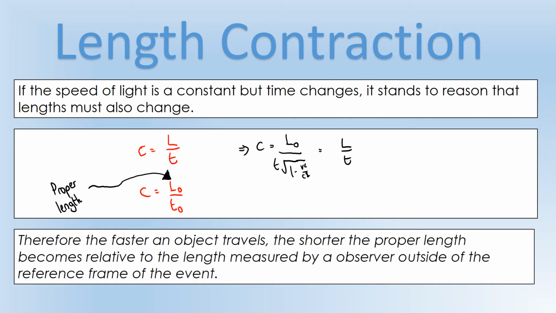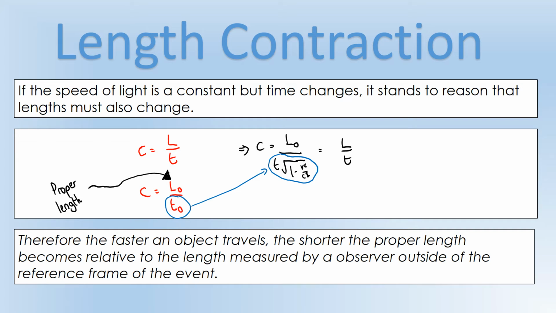Okay, so what we can do is generate an expression linking L and L0. So the first thing I'm going to do is I made a substitution in here. So what I've done is I've replaced T0 with the equation that we just came up with for the proper time. Okay, so I've replaced it with T times all of that stuff. And we know that that is equal to L over T, because the speed of light has to be the same for both observers.